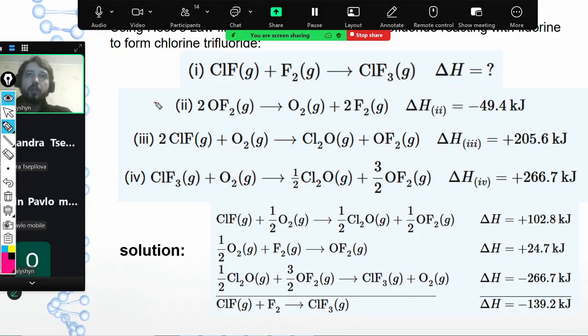And suppose our table gives us these three reactions, of course with their delta H's. So here's what we have. Now what we want to do, we need to construct this equation out of these three.